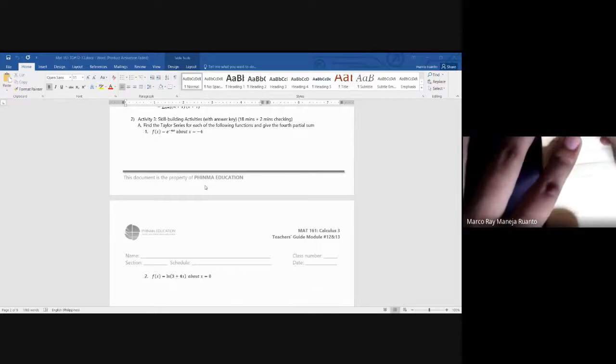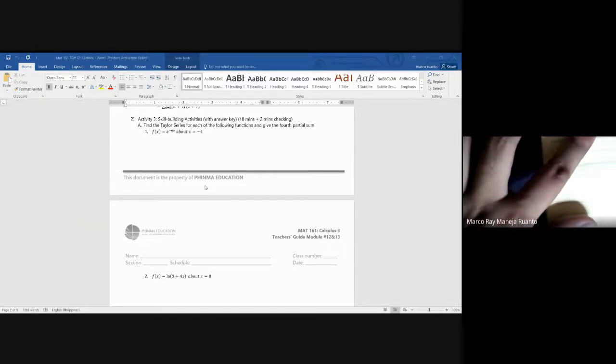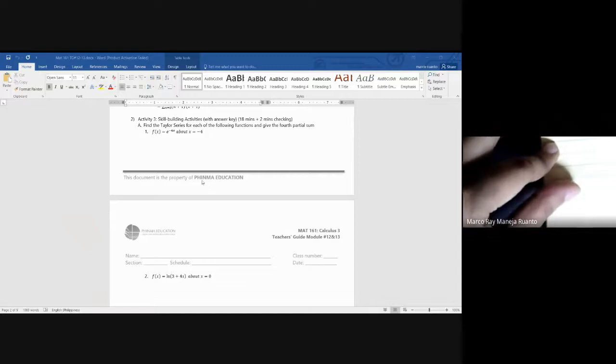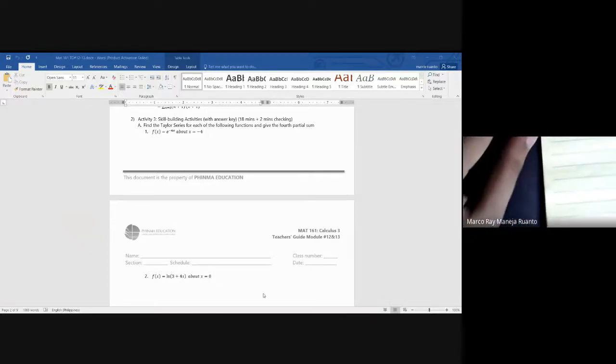So when we are going to expand this into a Taylor series, the formula is this will become equal to f of 4, where x is equal to -4.